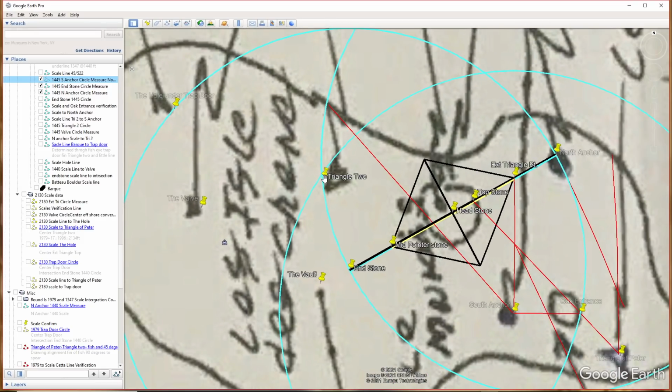When we use the south anchor, when we establish the south anchor, we put a circle around that, and the next thing that we locate is Triangle 2. And these pin markers aren't in the exact spot.